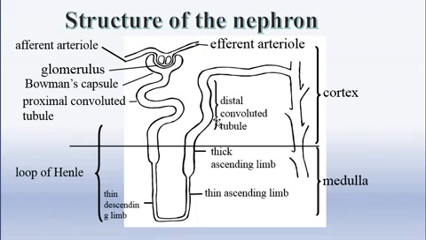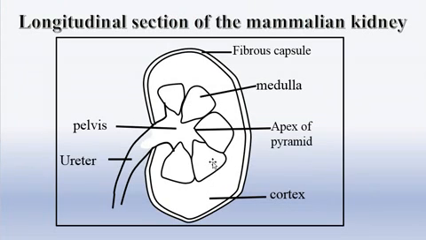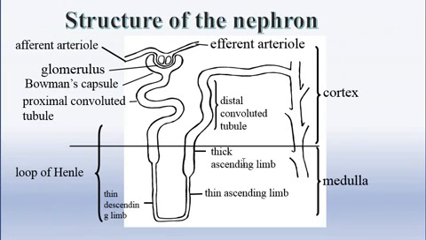Therefore, in the cortex of the kidney, we have the proximal convoluted tubule, the distal convoluted tubule, the Bowman's capsule, the afferent arteriole and efferent arteriole. However, in the medulla of the kidney, that's where we usually have the long loop of Henle, which is mainly used in reabsorption of water.